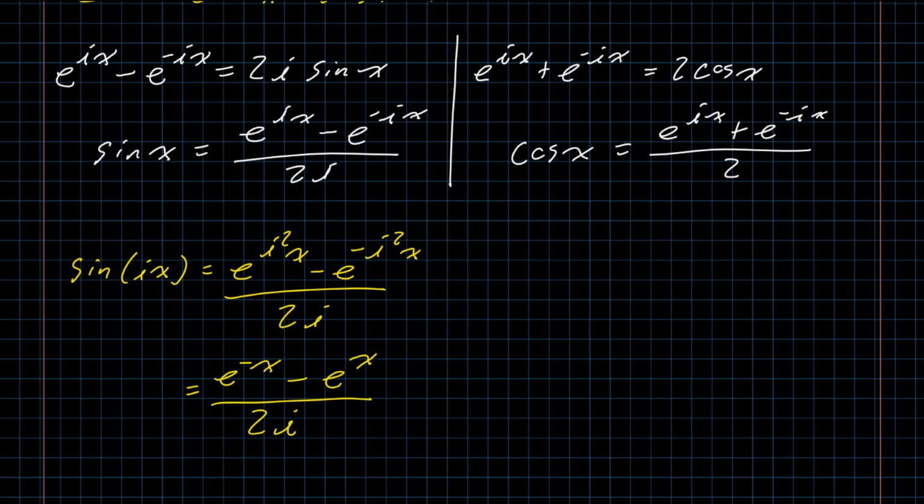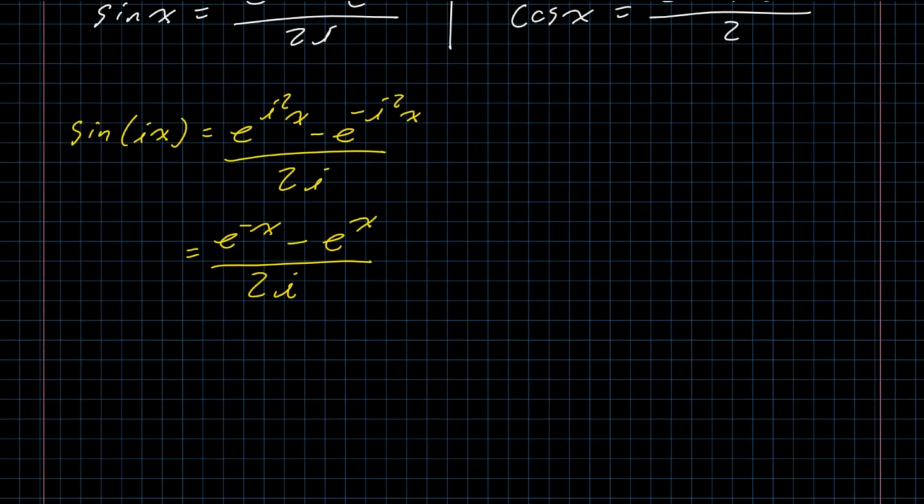And then the last thing that I'm going to do is rationalize this. I'm going to do that by multiplying top and bottom of this fraction by i. The i in the numerator I can bring in front. That's going to be a more convenient place for it.